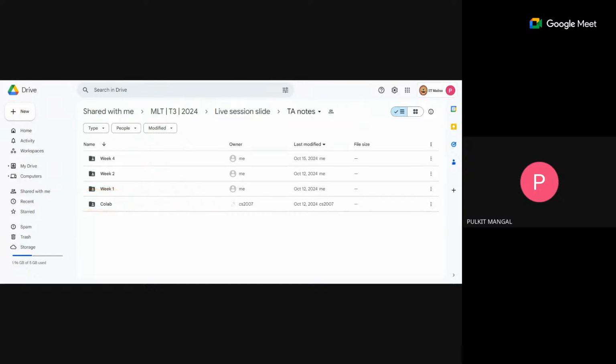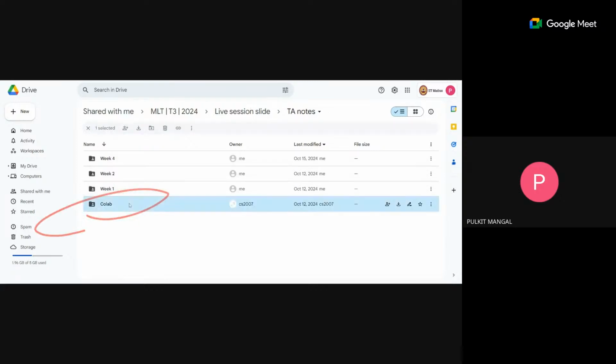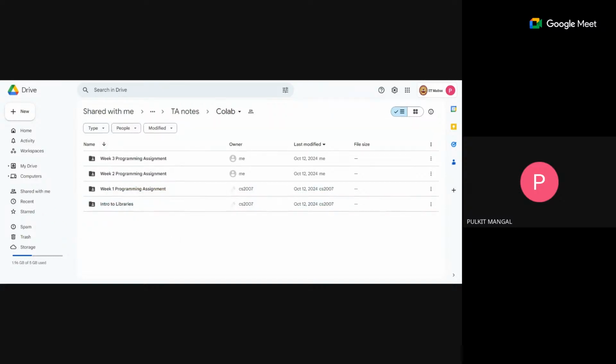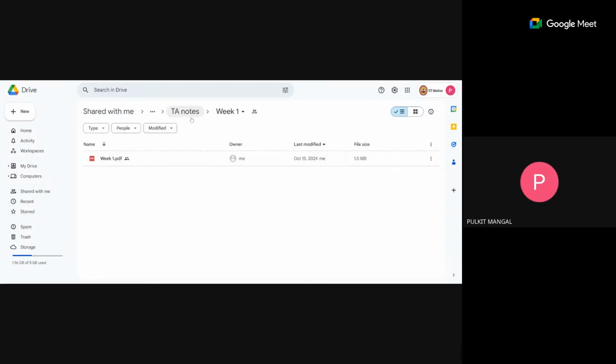All the Colab files that we discuss, whether by me or any other TA like Giri or Pranjal, you will find here. All the Colabs discussed till now are here. For week 1, week 2, week 3, week 4, I will upload just now after the session. The week-wise notes are also here, including week 4, the session I took the day before.